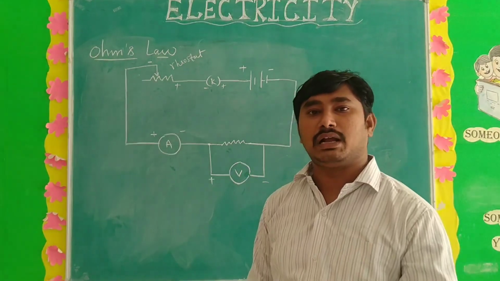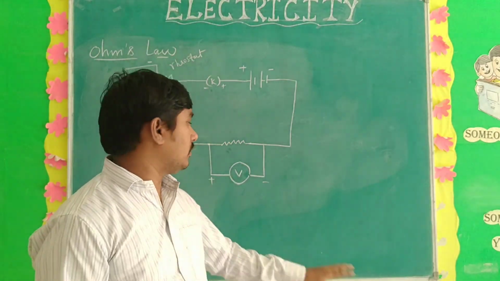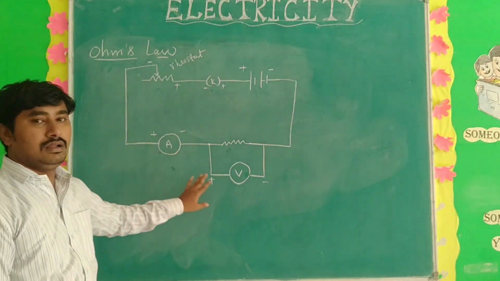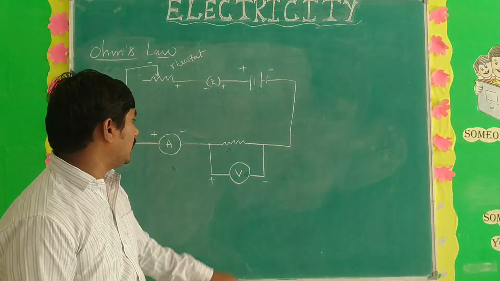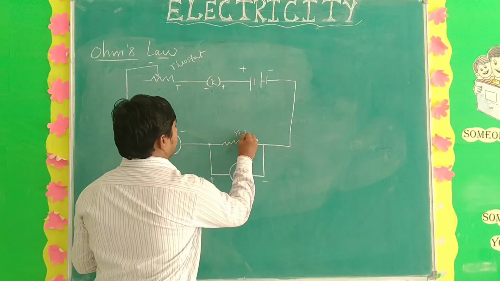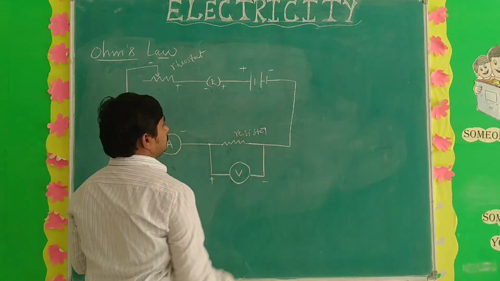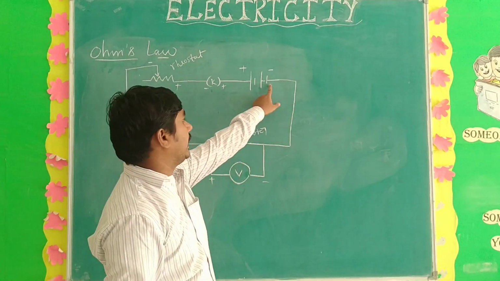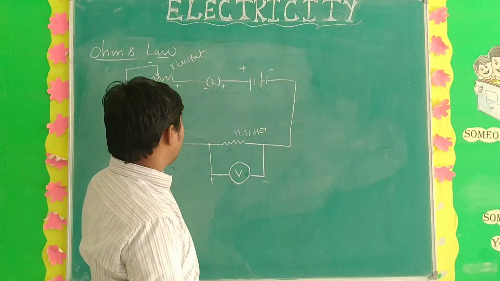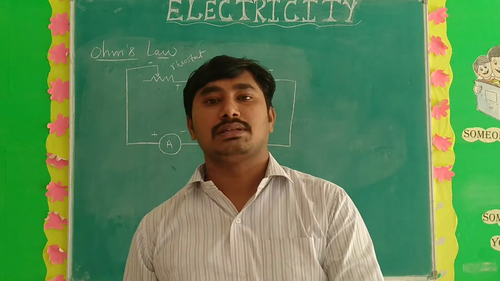That's why you always connect the voltmeter in parallel. Ammeter in series, voltmeter in parallel. This is the resistance of the material. Finally, this goes to the negative terminal of the battery. This is the circuit diagram of the Ohm's law experiment.